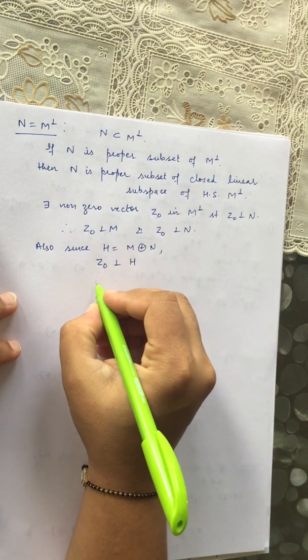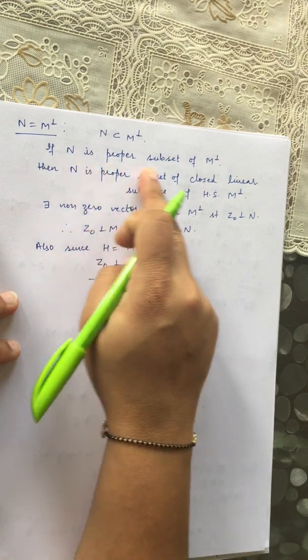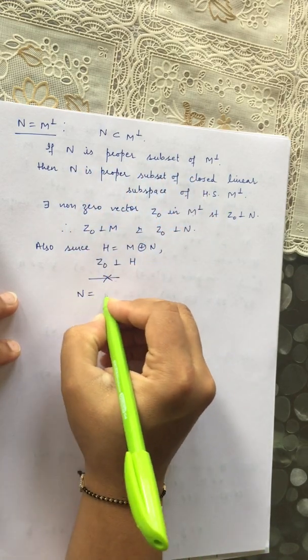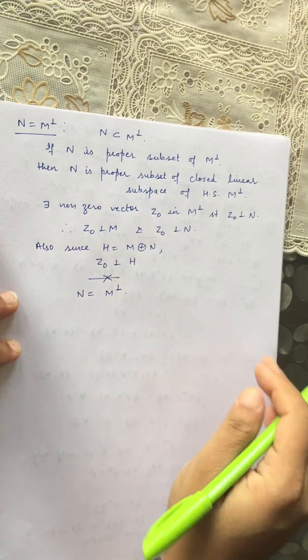So that is a contradiction. So N cannot be a proper subset, it will be equal to M perp.